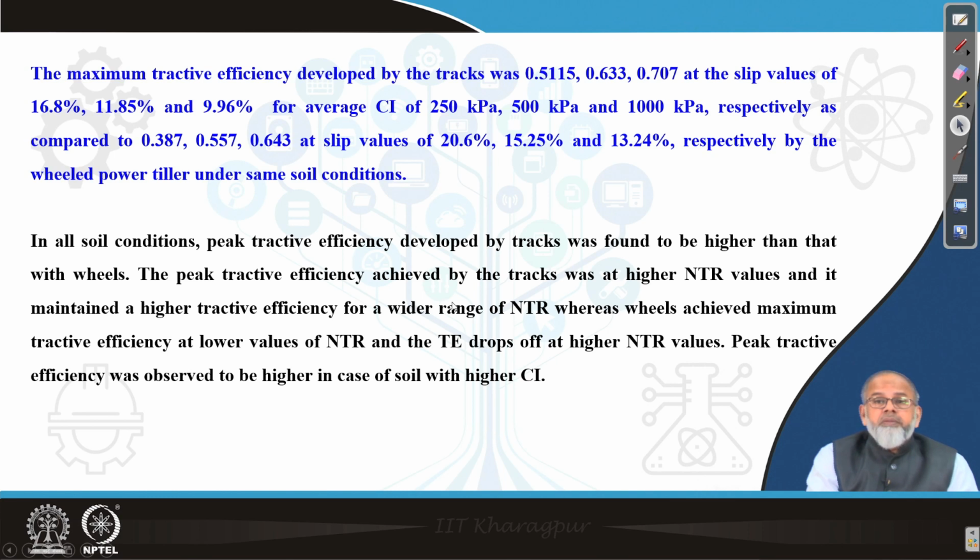Whereas wheels achieved the peak tractive efficiency at lower values of NTR, and the tractive efficiency drops off at higher NTR values. And peak tractive efficiency was observed to be higher in case of soil with higher CI, whether the power tiller is fitted with tracks or whether it is fitted with wheels.